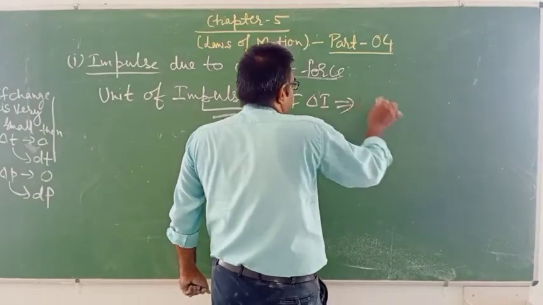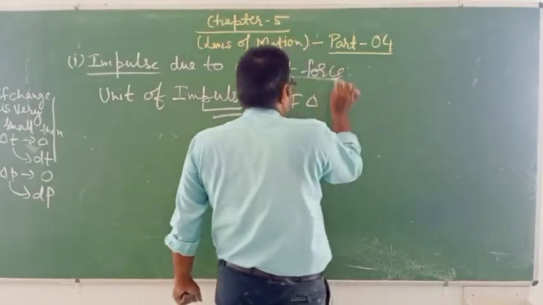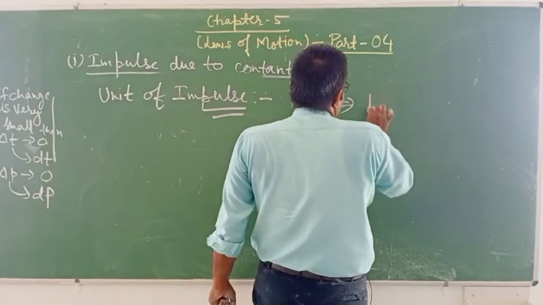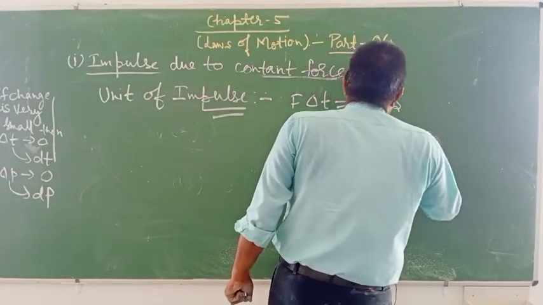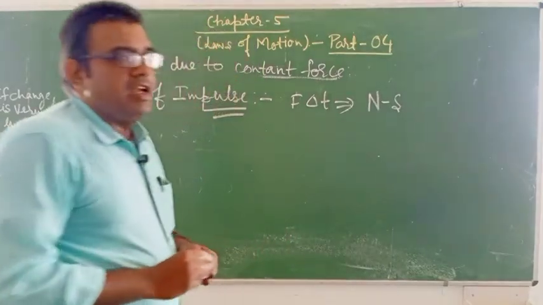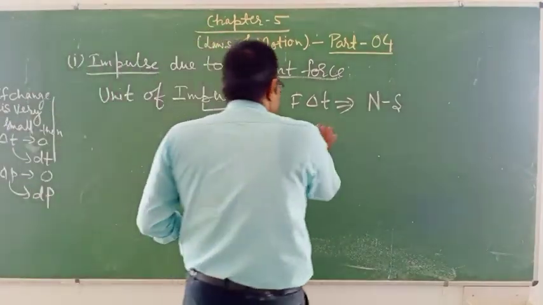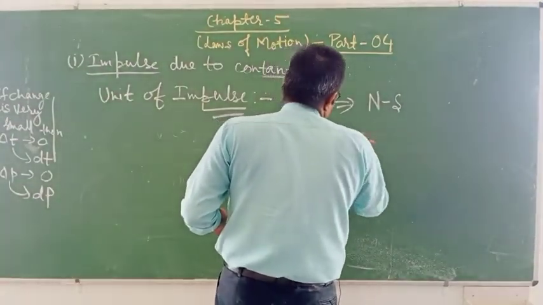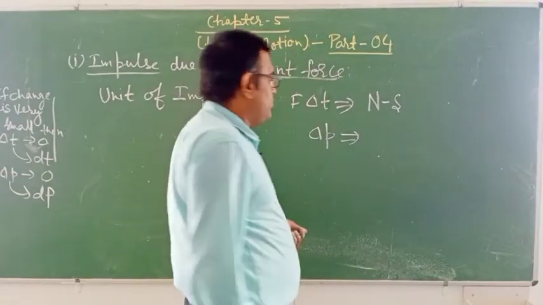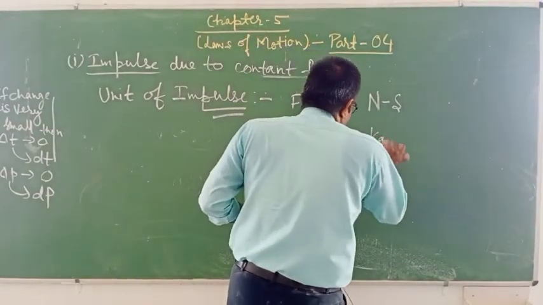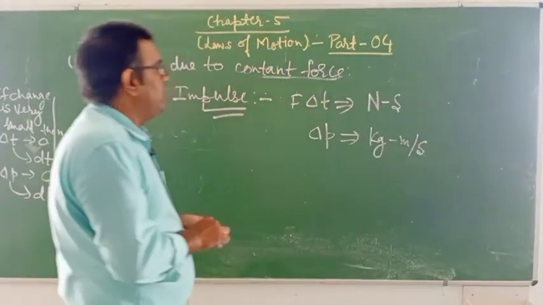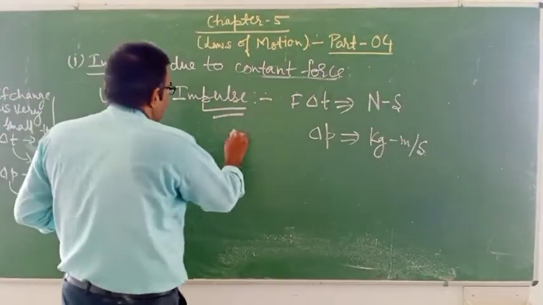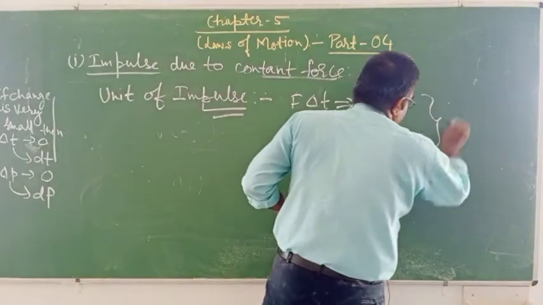So it can be written as F delta t, with unit Newton second, or since it is equal to change in momentum, its unit is kg meter per second. This is the SI unit.